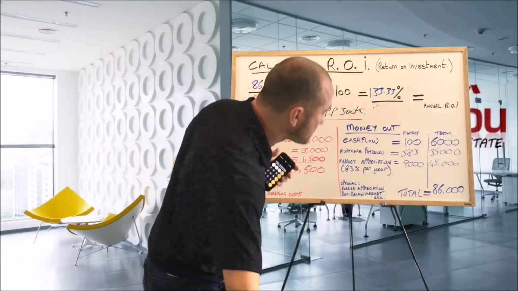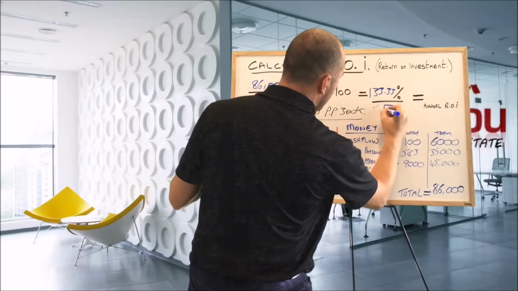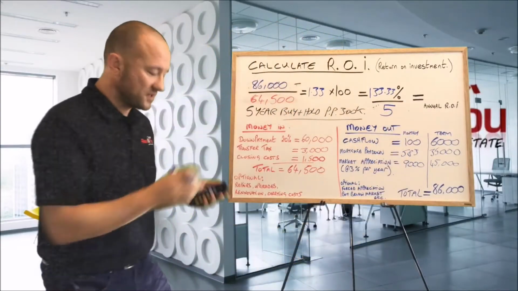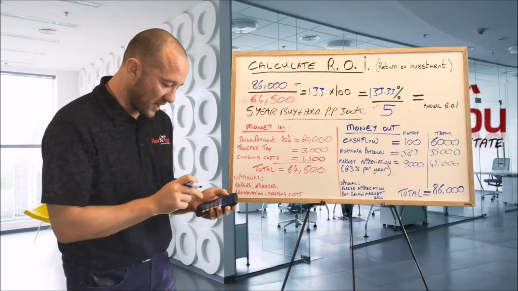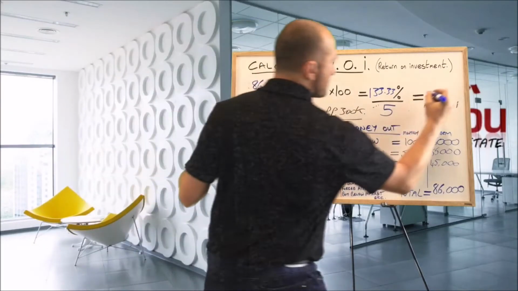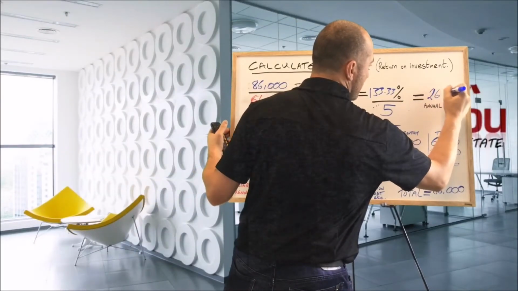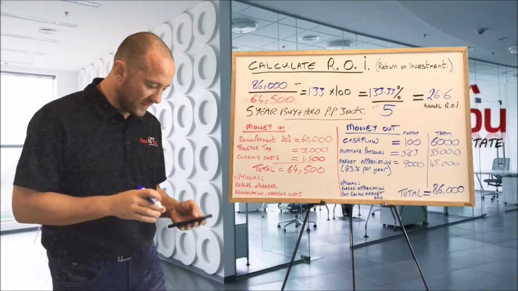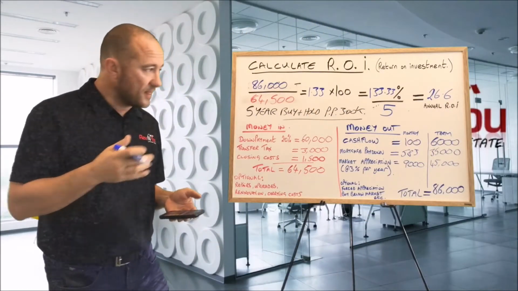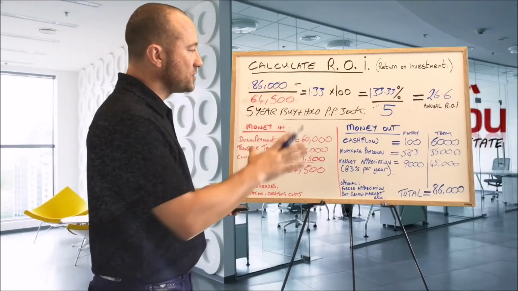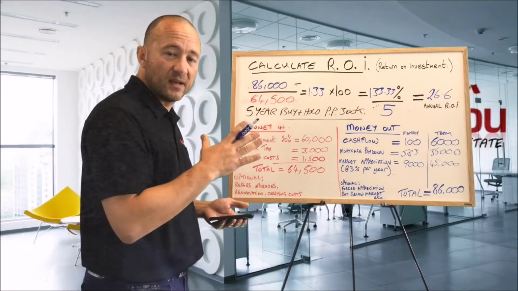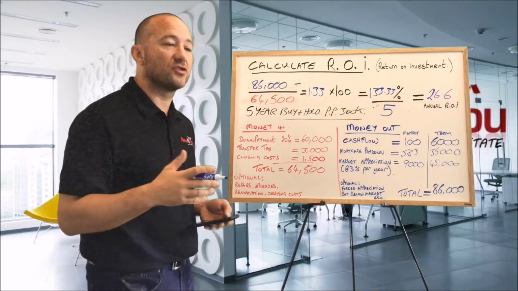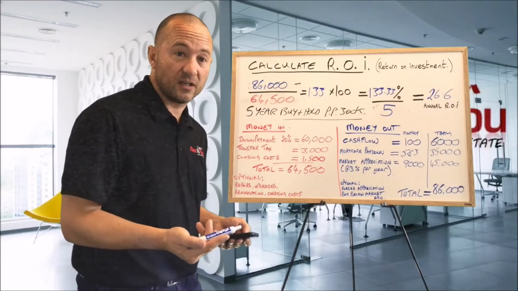So our number of years was 5. And that's going to give us the annual ROI. So divided by 5, 26.6% ROI.